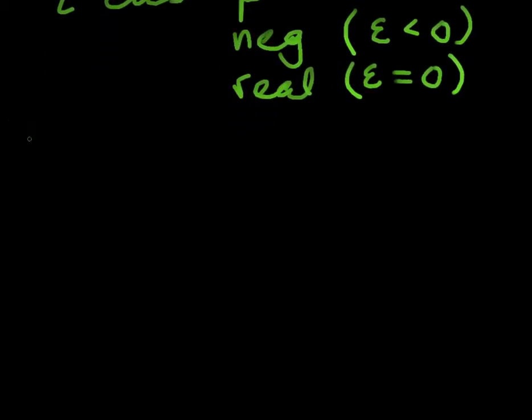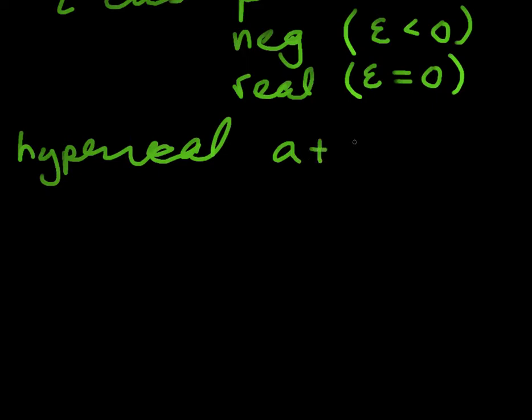So a hyperreal is anything of the form a plus epsilon, where a is a real number and epsilon is an infinitesimal.